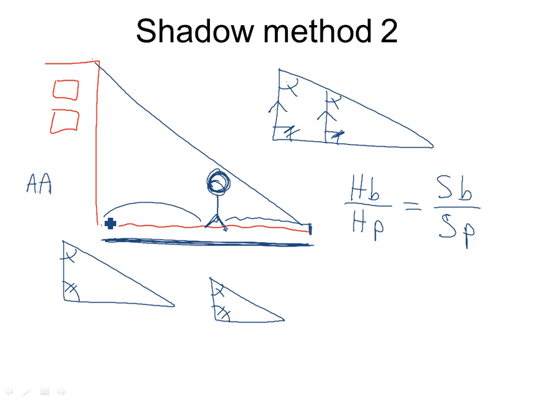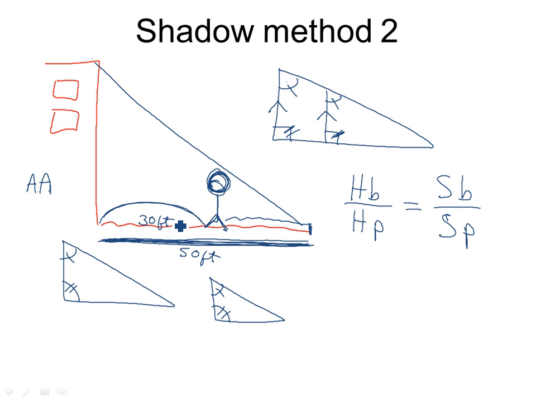So maybe an example would be, maybe you know that the whole distance is 50 feet, and the person is 30 feet from the building.